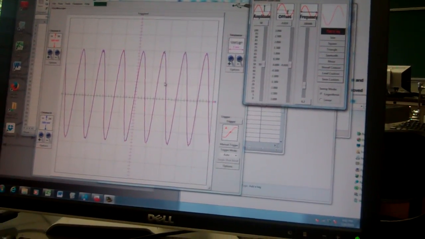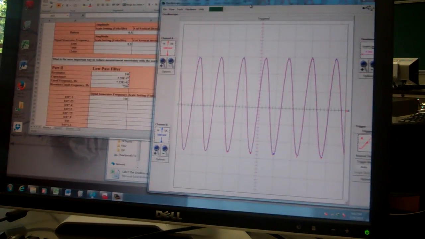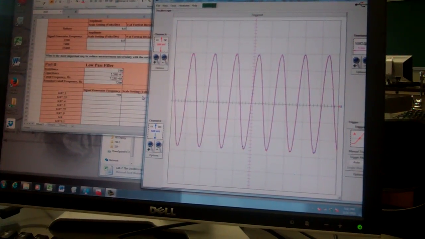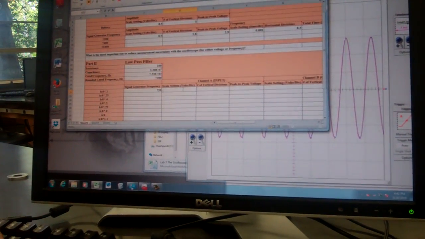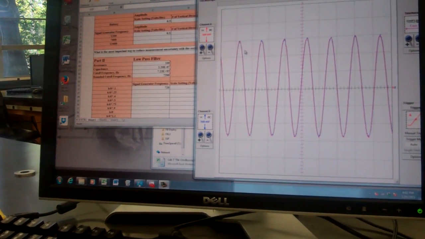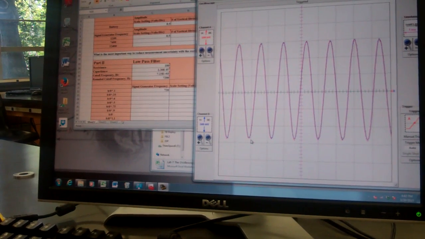And we're going to make the measurements on both the blue and the red signals for, well, we'll start with the red signal. The scale setting right now is 0.5, 500 millivolts per division. The number of vertical divisions, so we can mess around with that, and we'll get, see, 1, 2, 3, 4, 5.8.